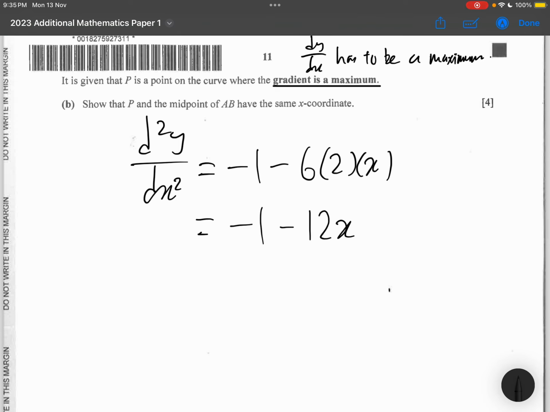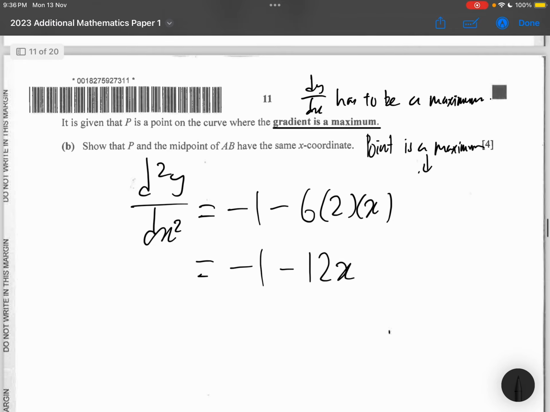It is roughly the same idea as, let's say, the point is a maximum, then my derivative is equal to 0. In this case, when the gradient is the maximum, then my second derivative has to be 0. Same concept.